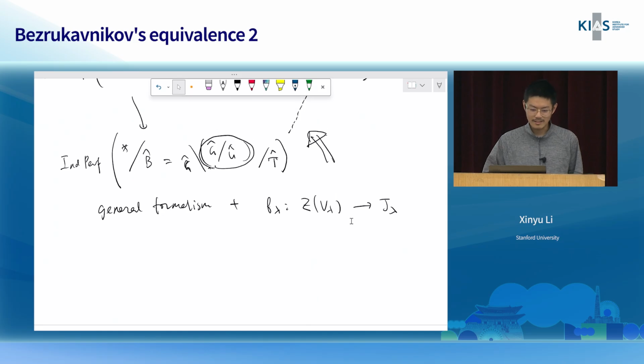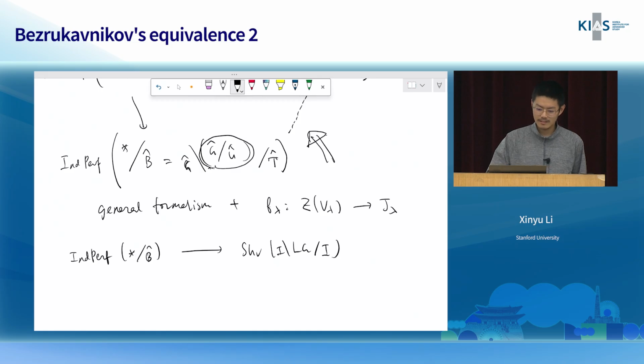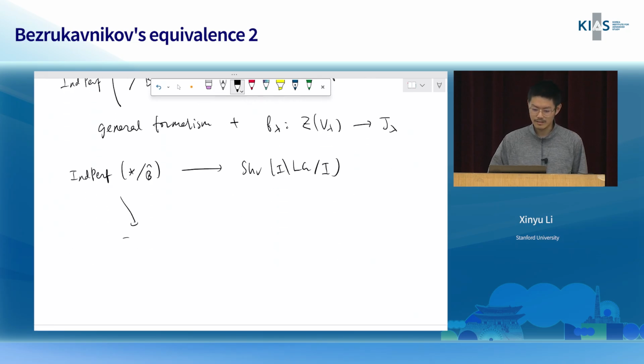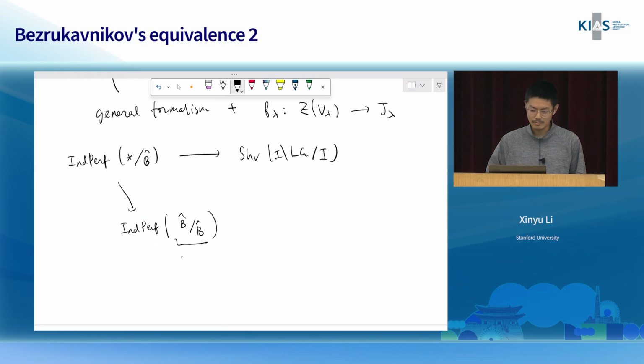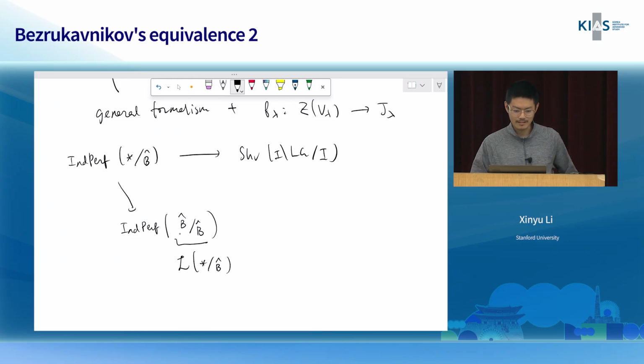Okay, so we are getting closer to our target, but not quite, because what we want is something like B mod B, not point mod B. But after attending three lectures on categorical traces, you must have noticed that this thing is precisely the loop space of point mod B hat, and this category is the categorical trace of the previous category.